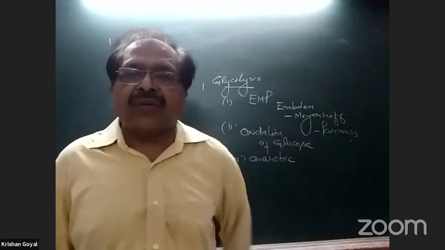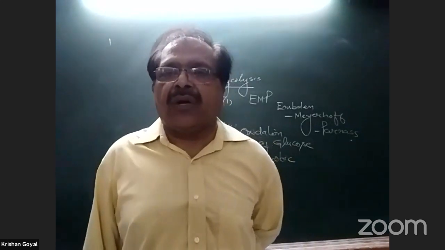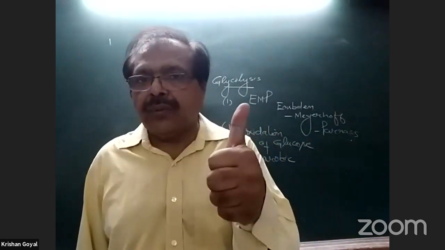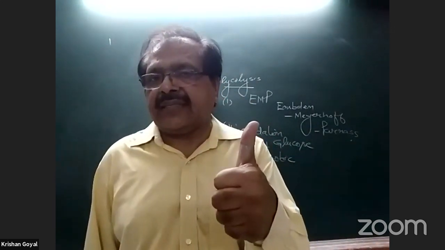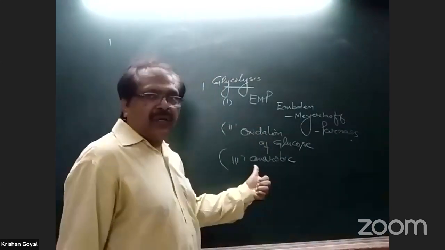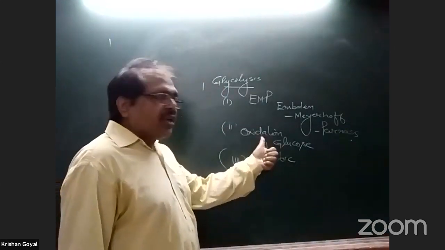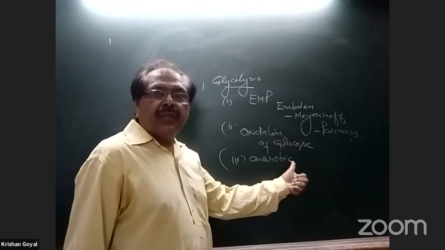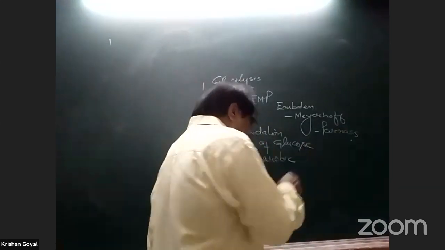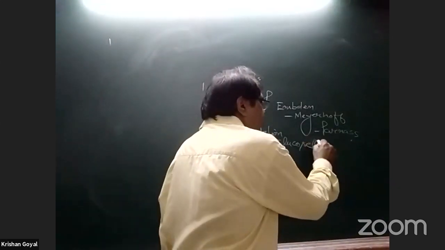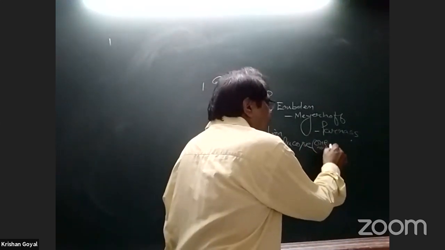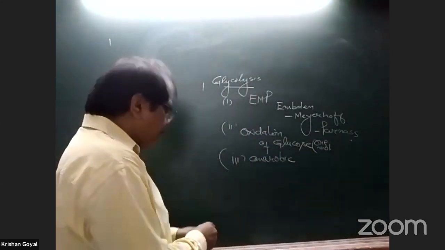How many oxygen molecules are utilized in glycolysis? You will say 0. It is an anaerobic oxidation of glucose. Remember, it is one molecule of glucose.